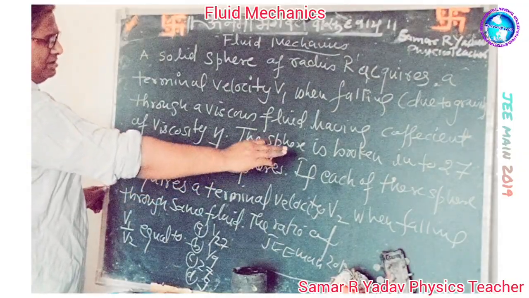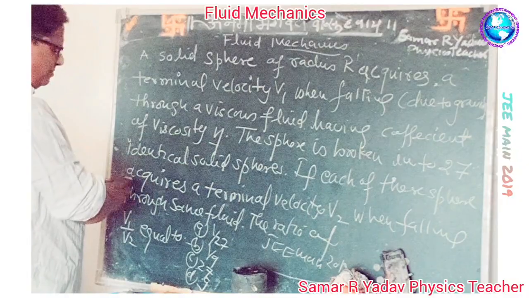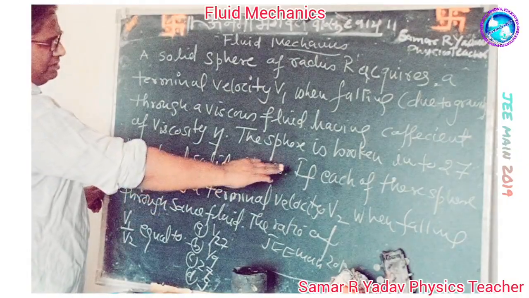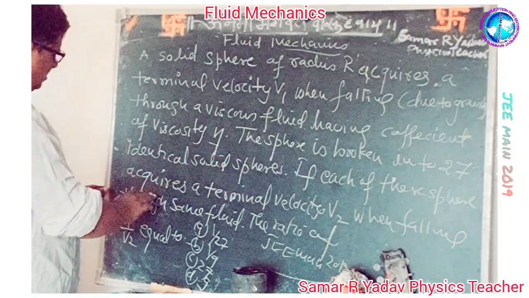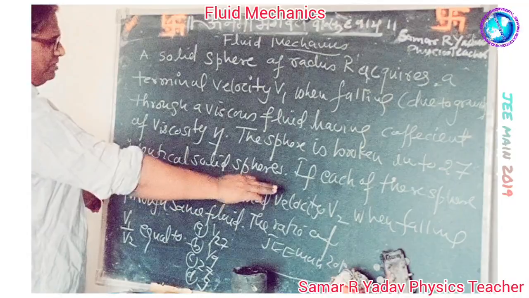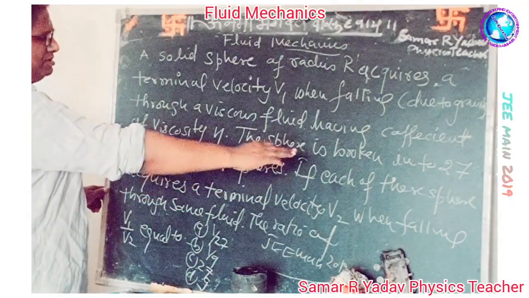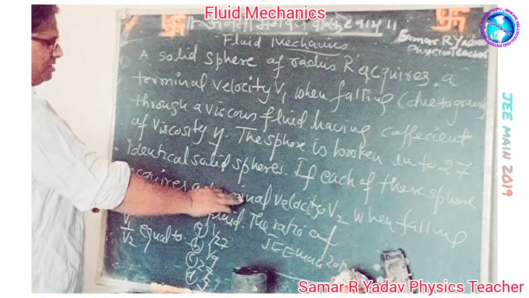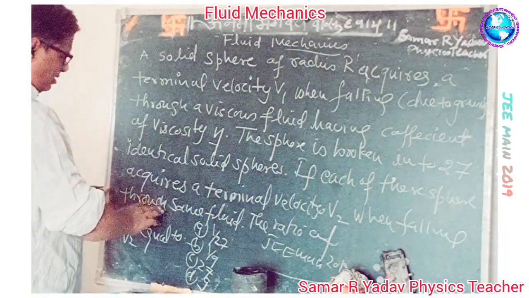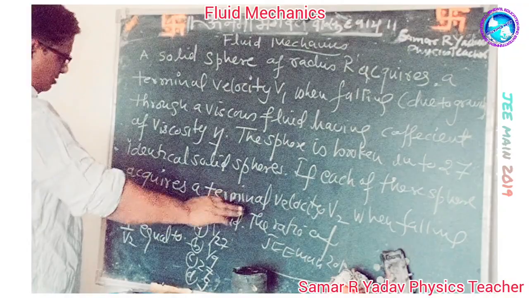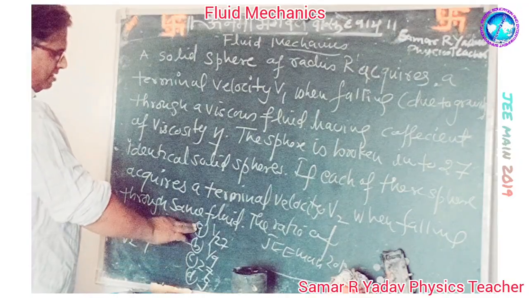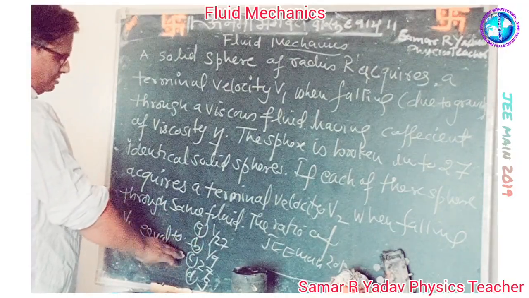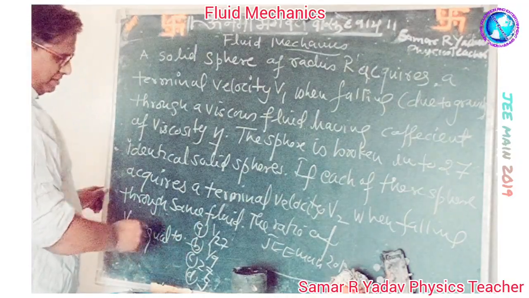If each of these spheres acquires a terminal velocity v2 when falling through the same fluid, the ratio of v1 upon v2 is equal to, and there are four options given: a 1 upon 27, b 1 upon 9, c 27 and d 9.